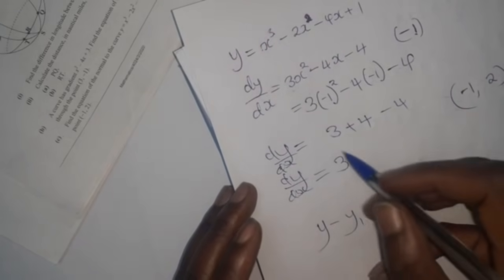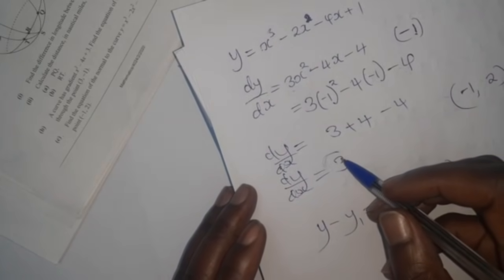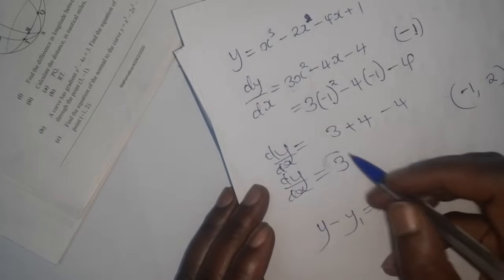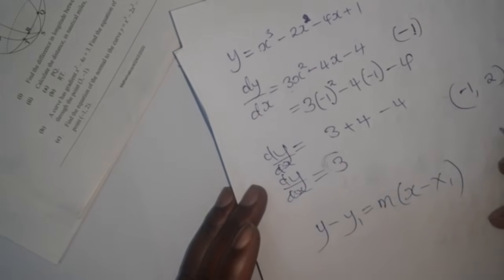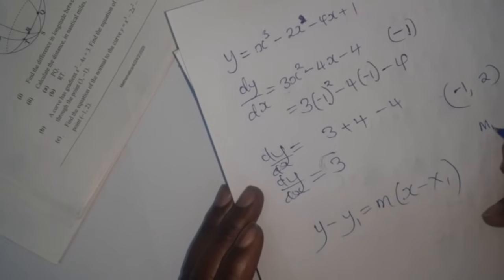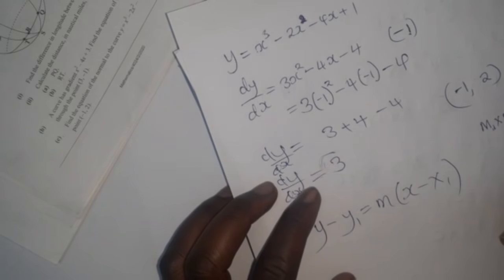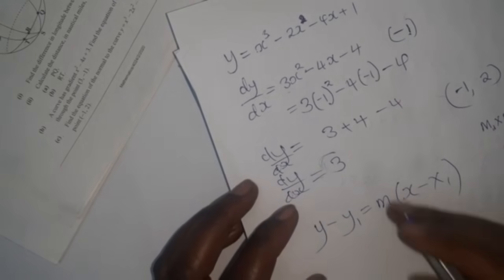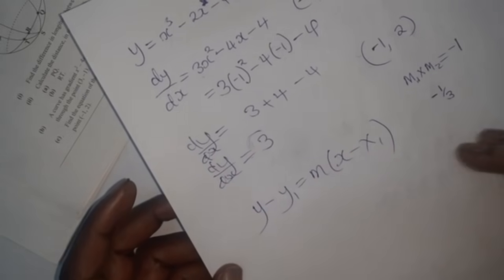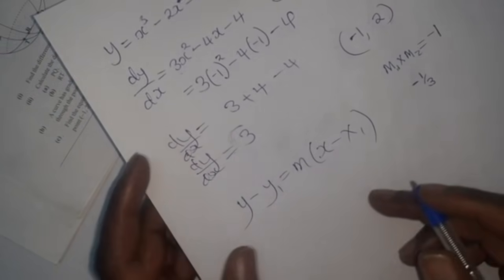The gradient that we got is the gradient of the tangent, but we want the gradient of the normal. When we multiply the gradient of the tangent and the gradient of the normal, they should give us -1. So if m1 is 3, then the other gradient must be -1/3. That is the gradient that we're going to use.